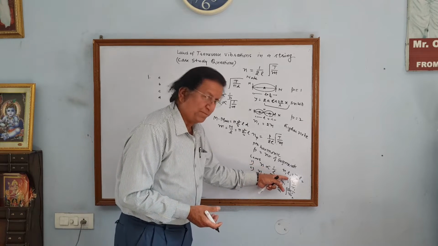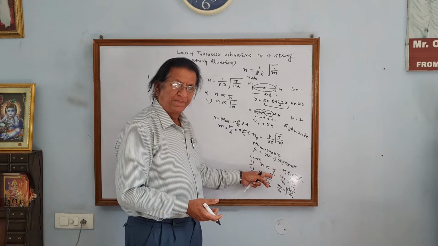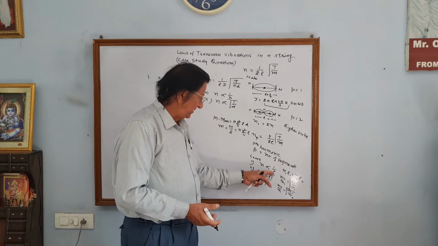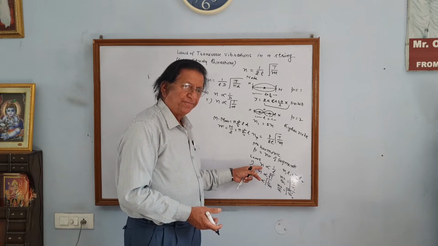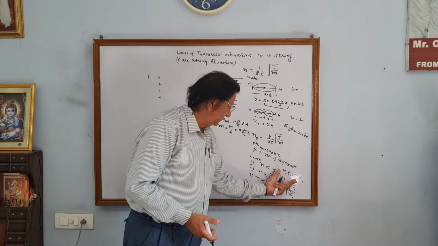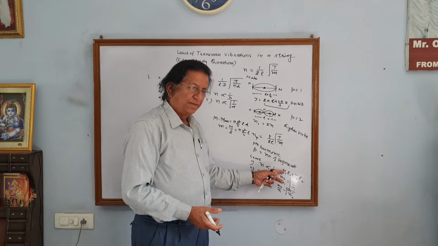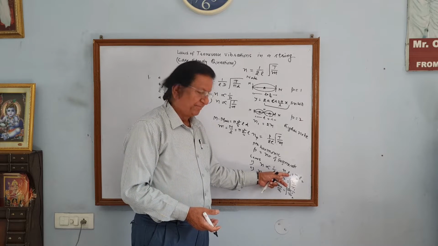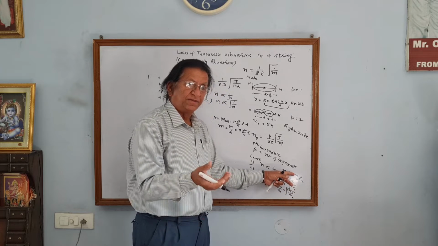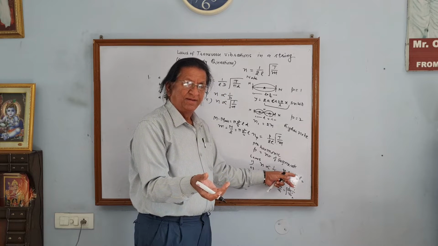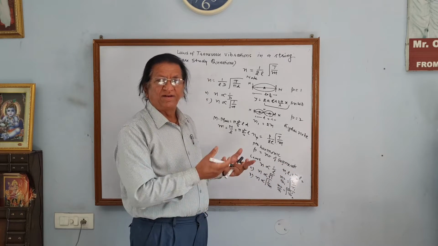The law of length is this: N is inversely proportional to length. So for length L1, the frequency is N1, for length L2, the frequency is N2. Now you are given N1 as 800 hertz, L1 as 50 centimeter. You want L2, and you have N2 as 1000 hertz. Make use of this law of length and get the answer, and select the right choice.